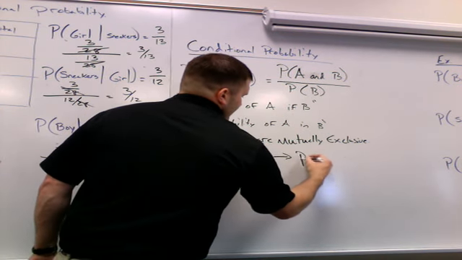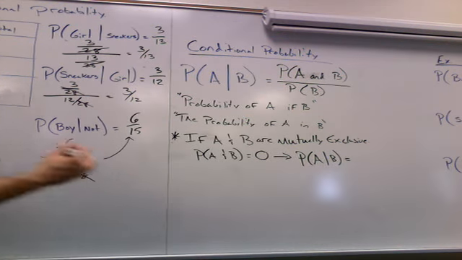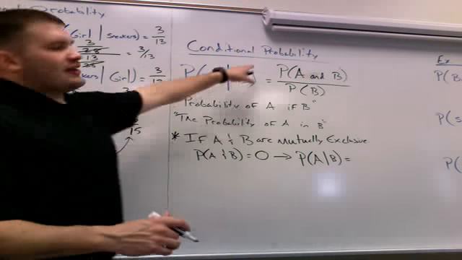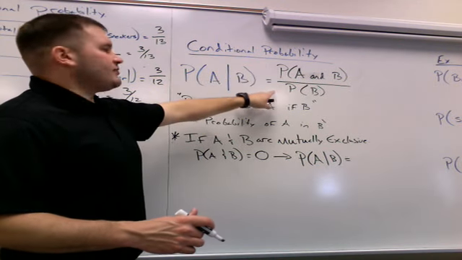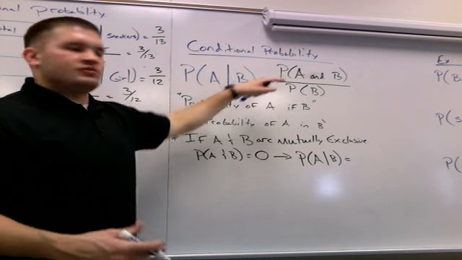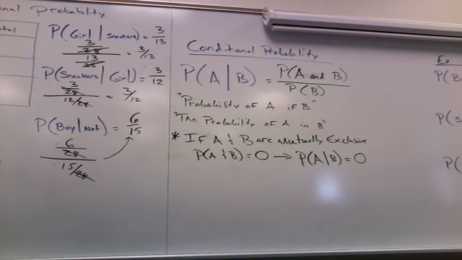So then what does that mean for A if B? A and B is 0. What does that mean for A if B? 0. Why is it 0? 0 on top, right? Doesn't matter what this number is. If this is 0, the whole thing's going to be 0. So if A and B are mutually exclusive, then A if B is 0.